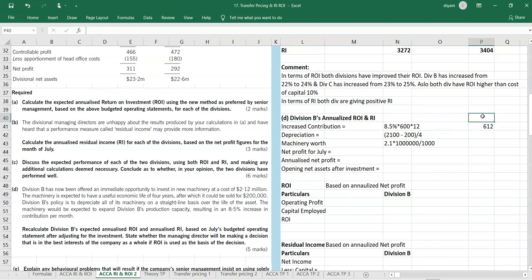All the numbers we are working out here are in terms of thousands only. So let's solve and get the depreciation. We have to decrease our depreciation, so then only we'll get the net profit.